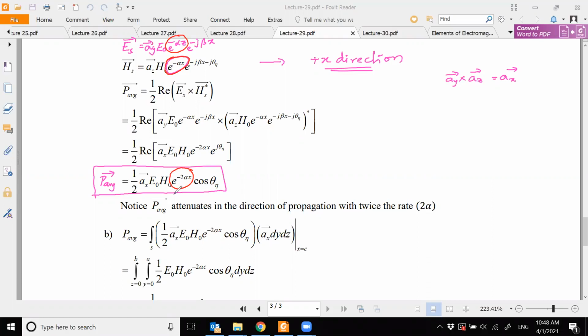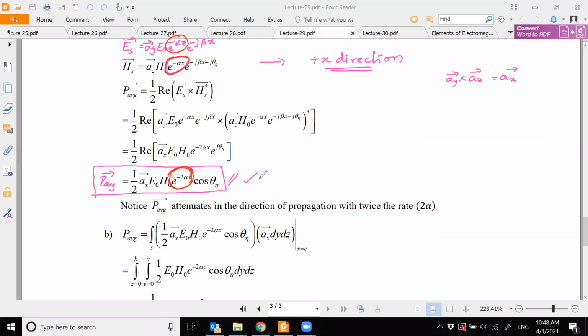But the averaged Poynting vector says that the power is attenuating as a function of e to the power minus 2 alpha x. That is, the power is going down as e to the power minus 2 alpha x. This is what I wanted to highlight. If the amplitudes are attenuating as e to the power minus alpha x, then the power will be attenuating at double the rate, which is e to the power minus 2 alpha.